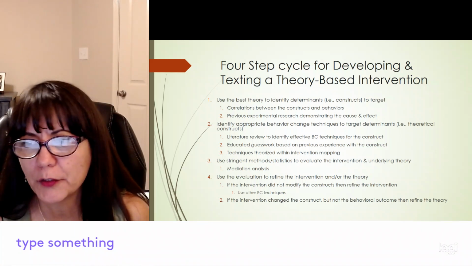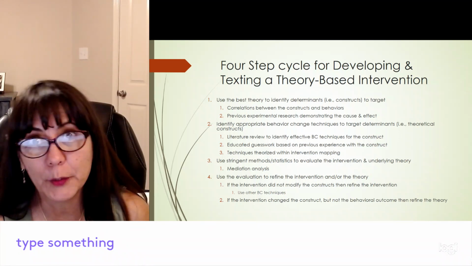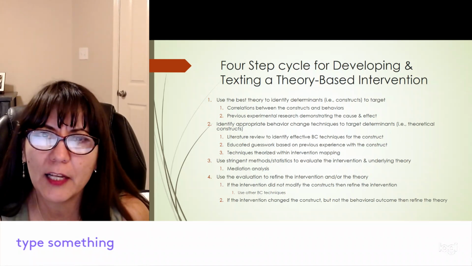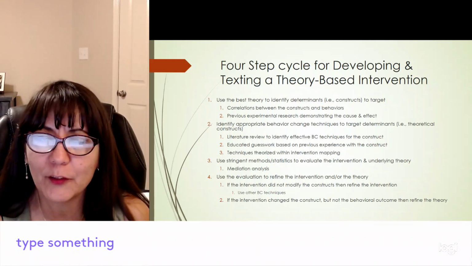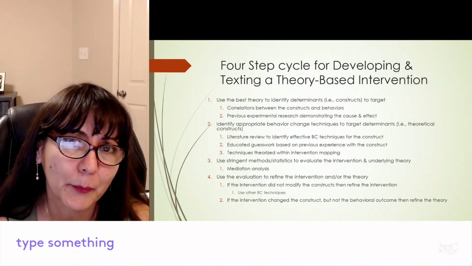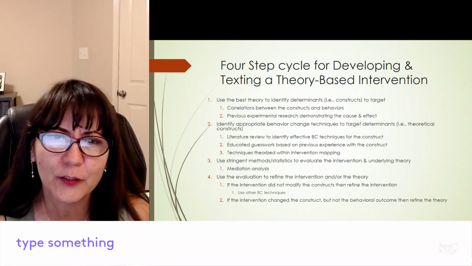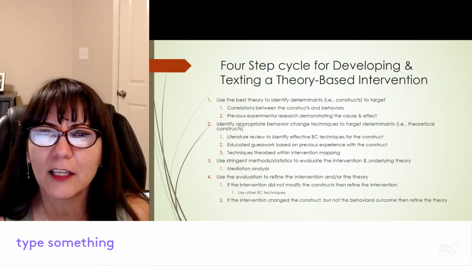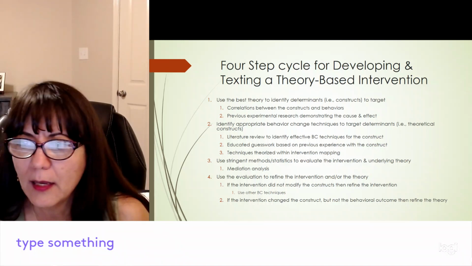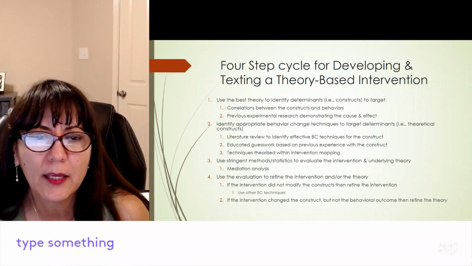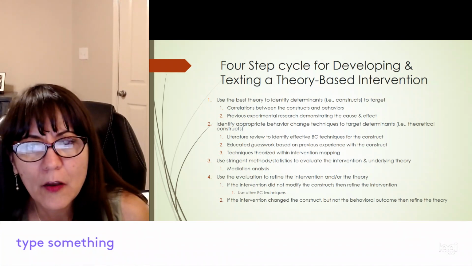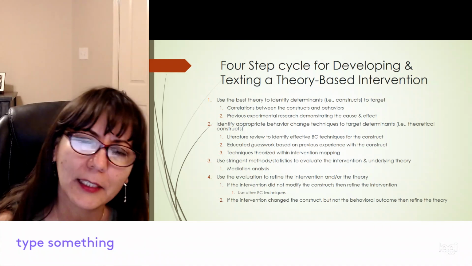Step 3, you should use stringent research methods and statistics to evaluate the intervention and to test the theory, right? So you want to be able to conduct mediational analysis to see, in fact, if your theoretical constructs were effective in influencing the behavior change. And then finally, you want to use the outcomes of that research either to refine the intervention or to refine the theory itself.